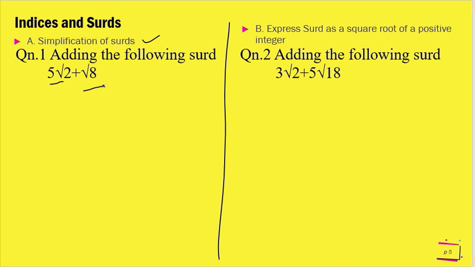For us to be able to add or subtract surds, there is something we should understand. We must be able to simplify a surd. One thing we should know is that, for us to be able to add or subtract, whatever is inside the surd must be the same.